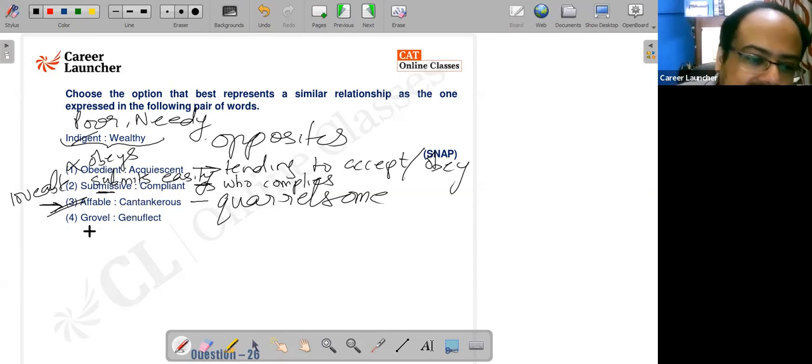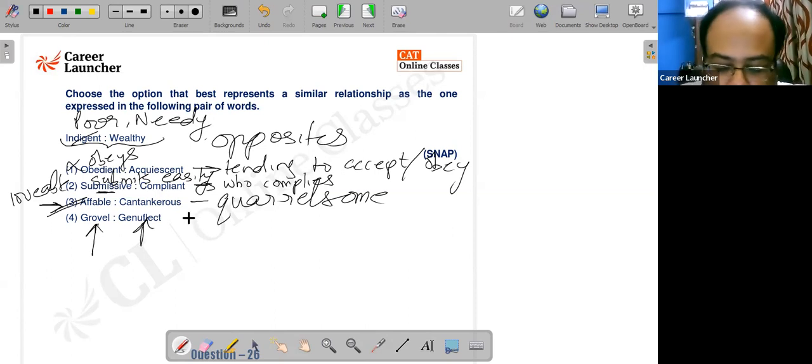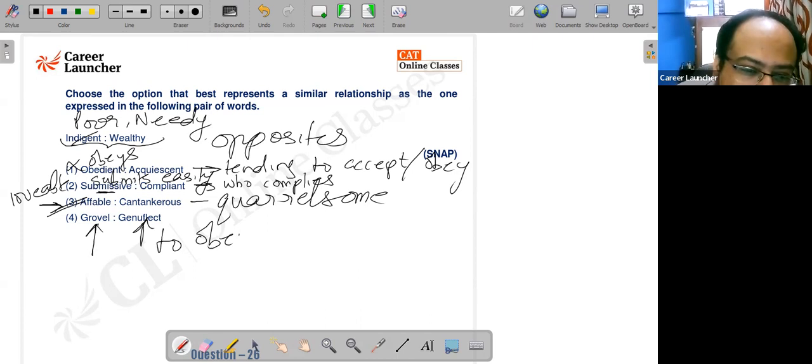Grovel and genuflect. Both these words are similar. Genuflect means to obey. Grovel has a lot of meanings, one of which is respect.